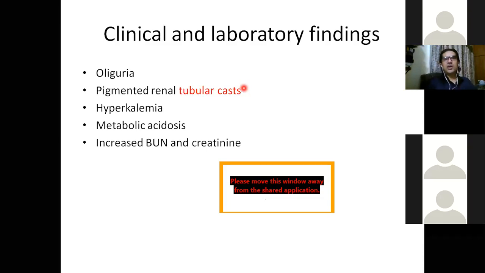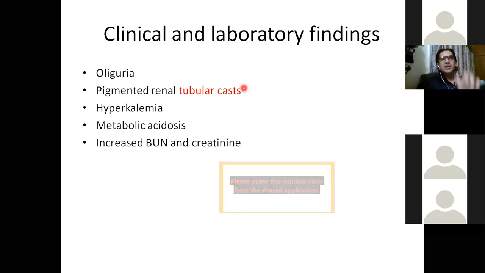You order a BUN creatinine, the BUN creatinine is high, so you identify this is acute renal failure. On urine analysis, if you find tubular casts, this is the nephrotoxic type of acute tubular injury secondary to radio contrast agents, right?